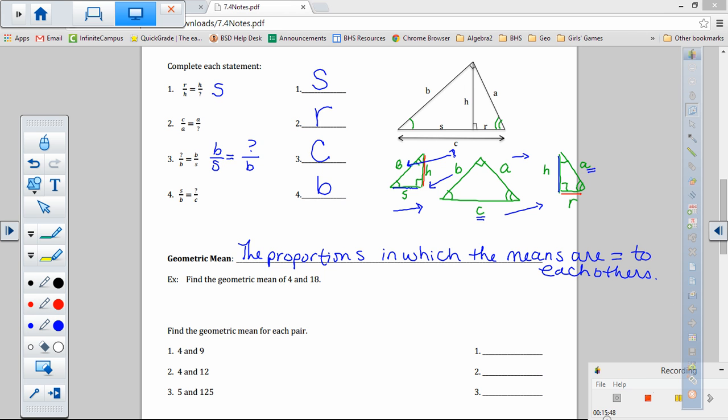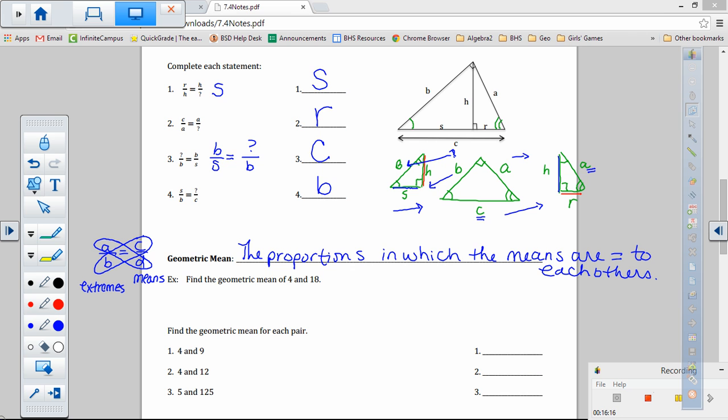So a geometric mean uses what's called the means extremes property. AB is equal to CD. So they take a proportion, and they're saying that the means are equal to each other. So this is considered what we call the means, and this is considered the extremes. So the means extremes property, okay?